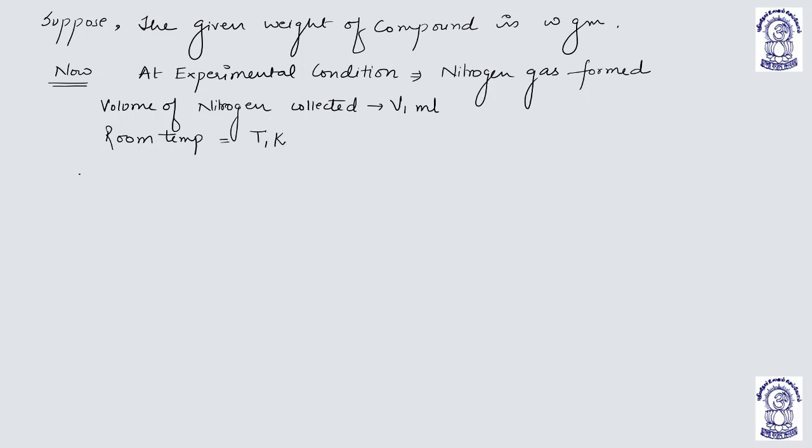So the volume of nitrogen collected is V1 ml, and the room temperature is T1 Kelvin during the experimental condition. There are two conditions: one is the standard temperature and pressure, and the other one is the experimental condition. Understood?